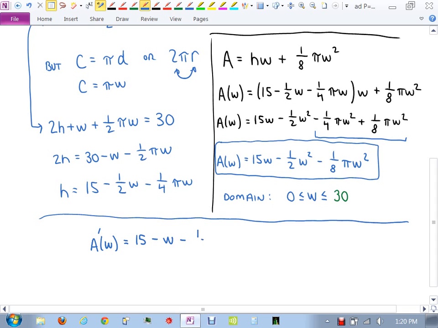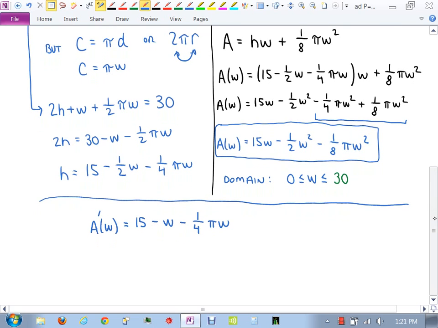Minus 1/4 pi w. Everyone agree with that? What do you do with that? Set it to 0 and figure out where it's undefined. So where's A prime 0? Where's A prime undefined? Well, it's never undefined because it's a linear function. It's 0 whenever I set it equal to 0.